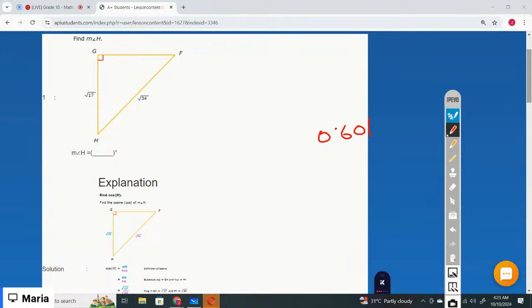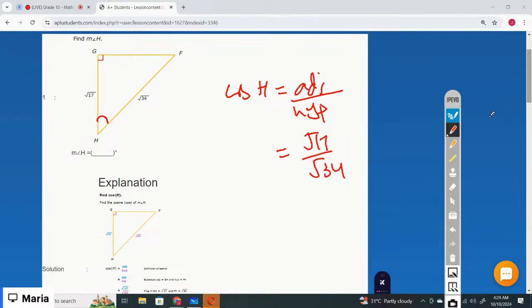Here is the angle H. You are given two of the sides, one angle. You can use cos of angle H, right? So that is adjacent divided by hypotenuse. Adjacent is square root 17 and hypotenuse is square root 34, right?